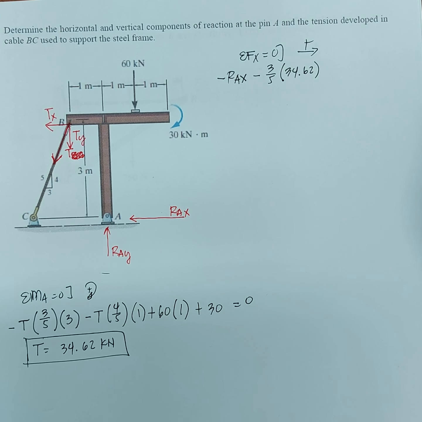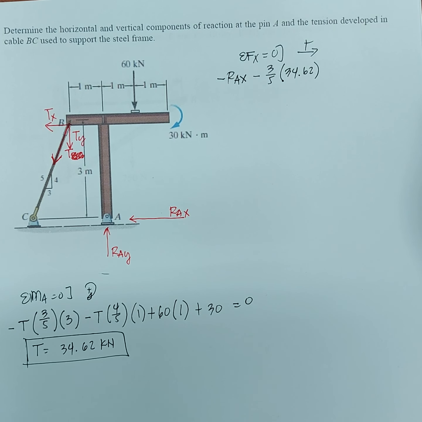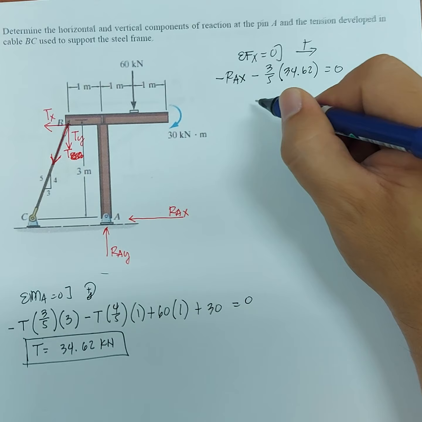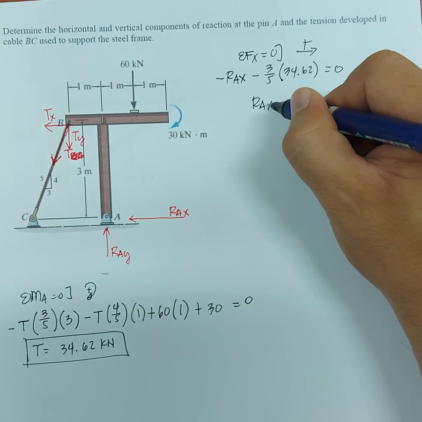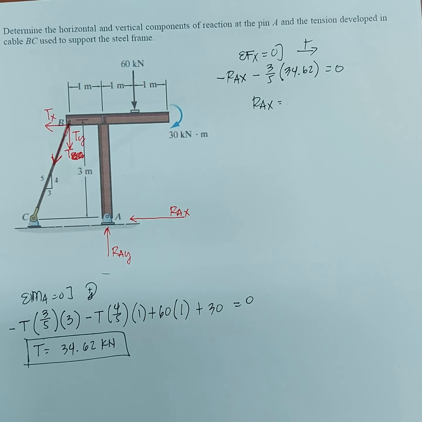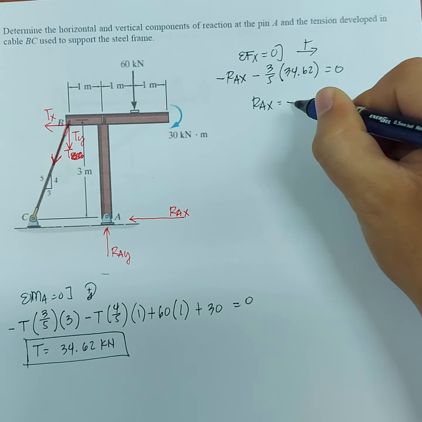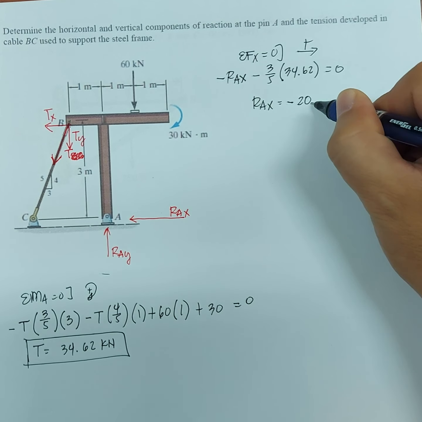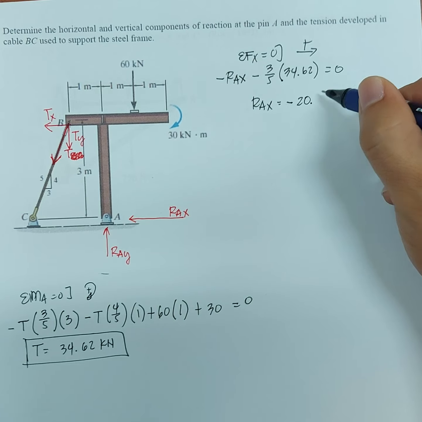What other forces are along the x axis or x direction? If there's nothing else, we equate this to 0. So RAX is equal to negative 20.77.